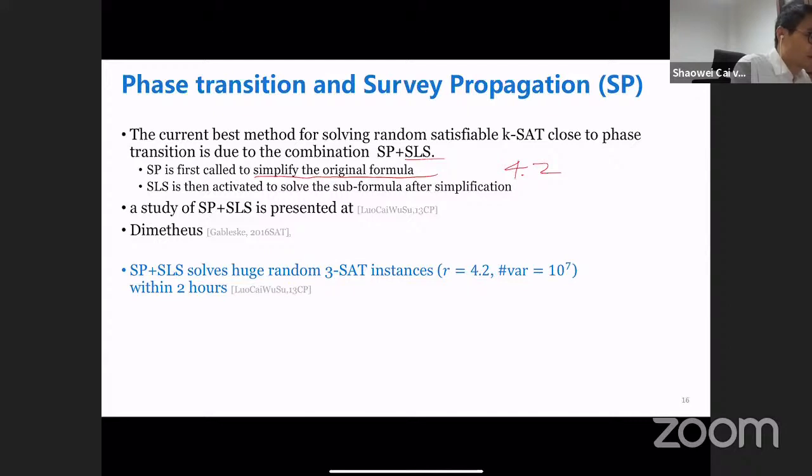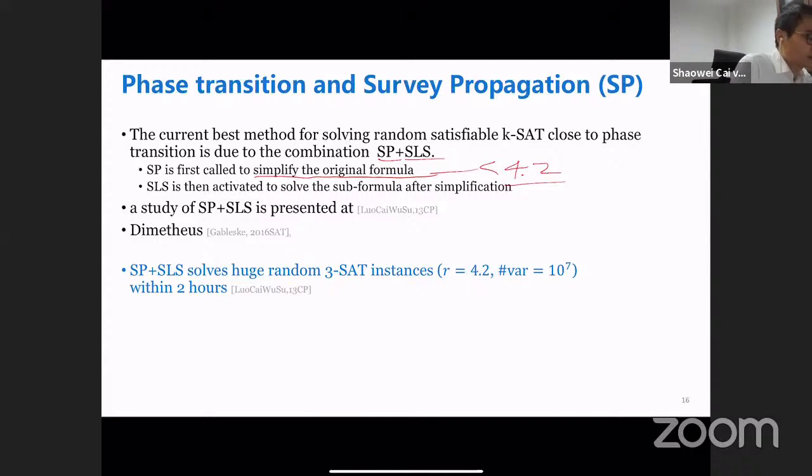We have this message propagation algorithm, but its convergence condition usually fails before getting to this phase transition at about 4.2. But it can be used to simplify the formula, and afterwards we call local search to solve the subformula.